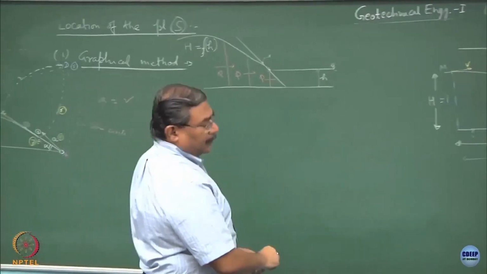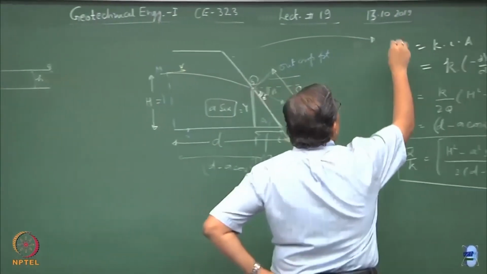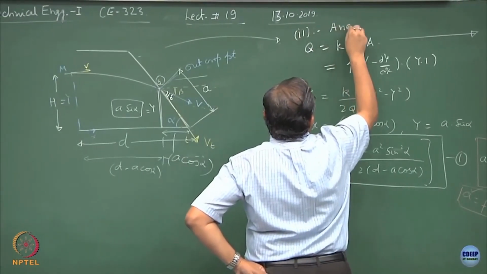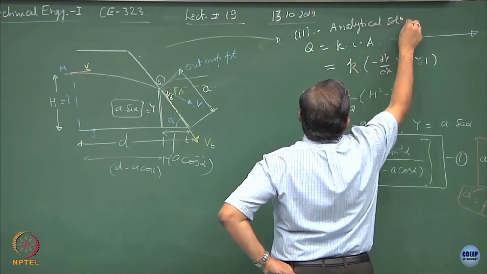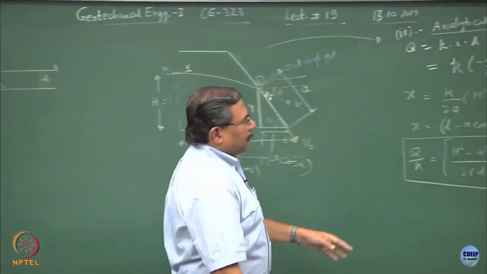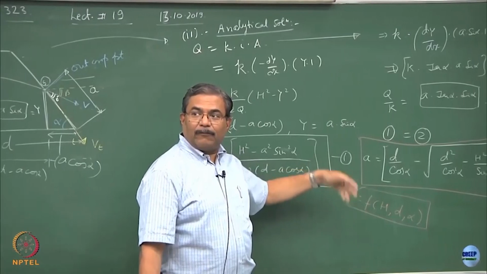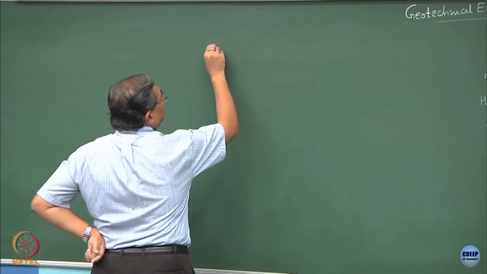So, this is the analytical solution. Fine, but I am sure you must have realized the derivations are very informative. They give you a lot of information about how to design the cross sections of the dams, homogeneous cross section of the dam.